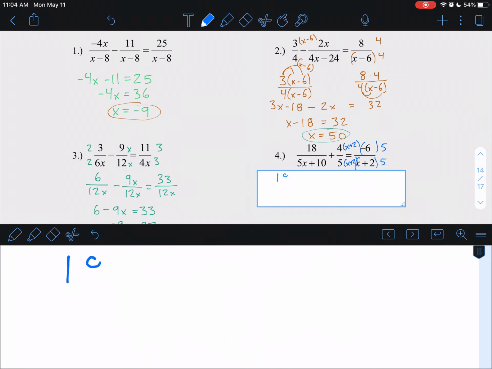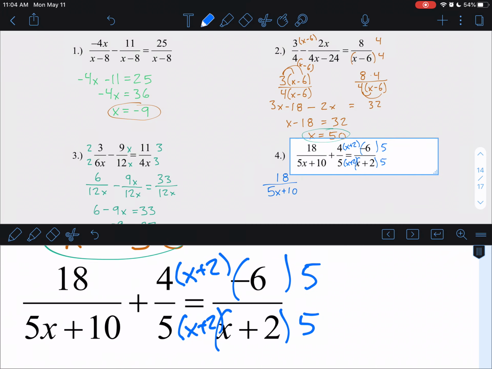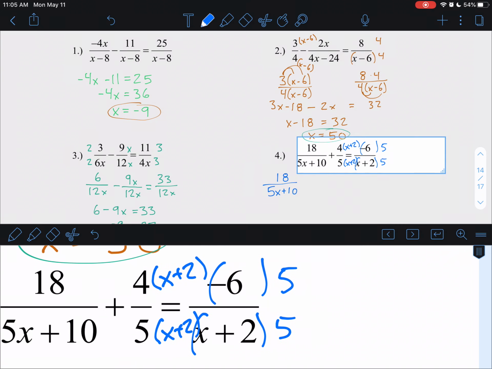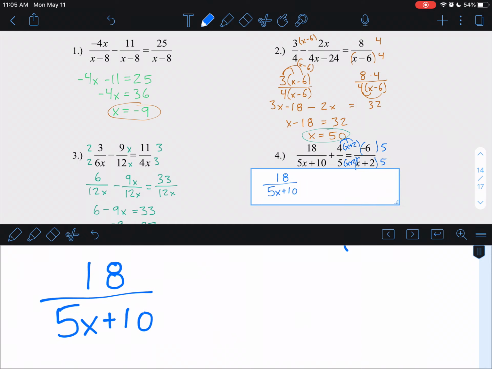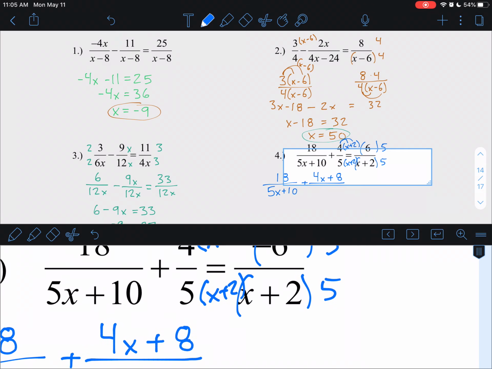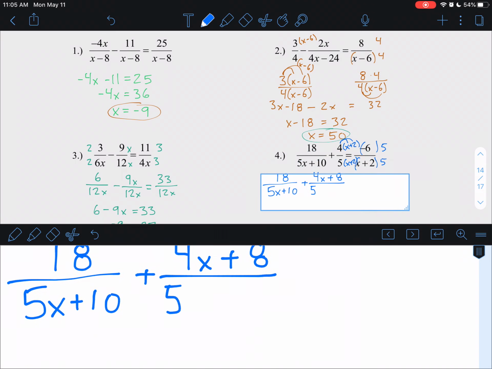well, my first fraction is 18 over 5x plus 10. And then I have plus 4 times x plus 2. So 4 times x is 4x, 4 times 2 is 8, over 5 times x plus 2, which is 5x plus 10.